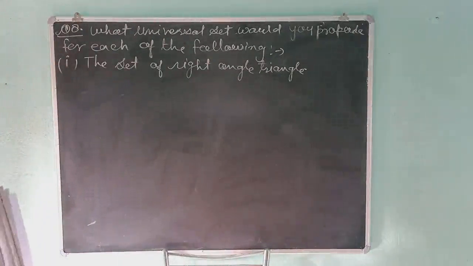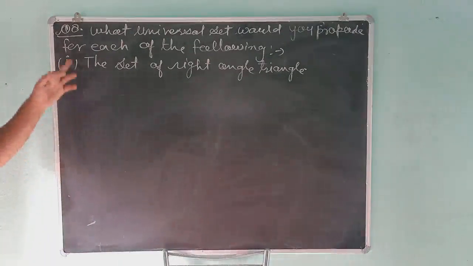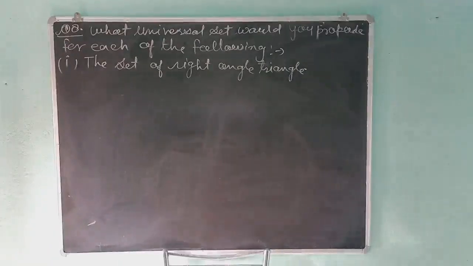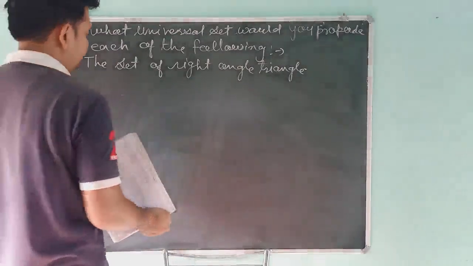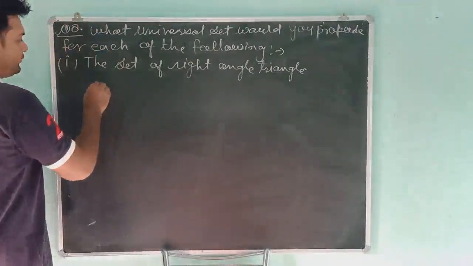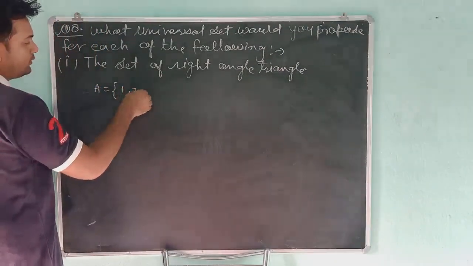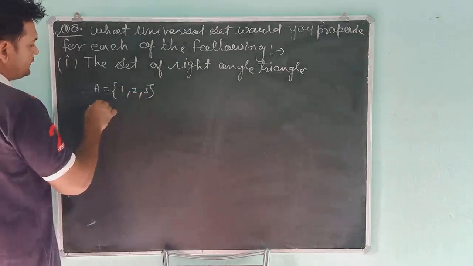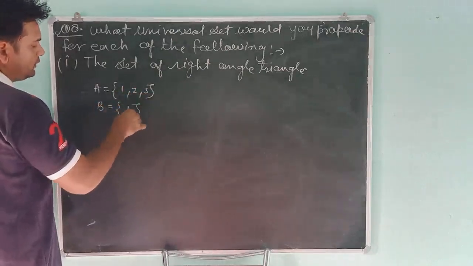So students, according to this question, what is the universal set? Suppose you have a set A with elements 1, 2, 3, and the set B has only element 1.